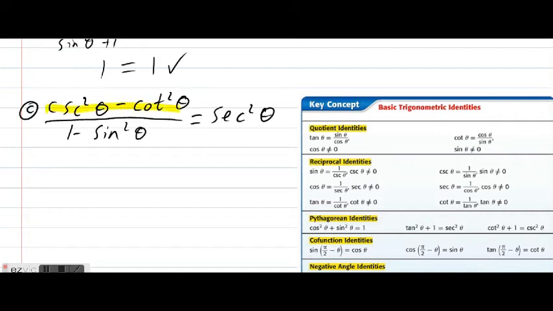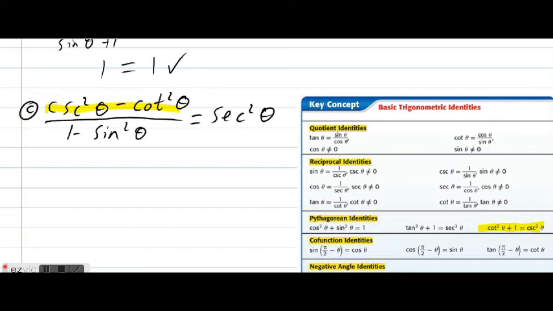So I'm looking at cosecant squared minus cotangent squared, and I look down here and I'm seeing cotangent squared theta plus 1.